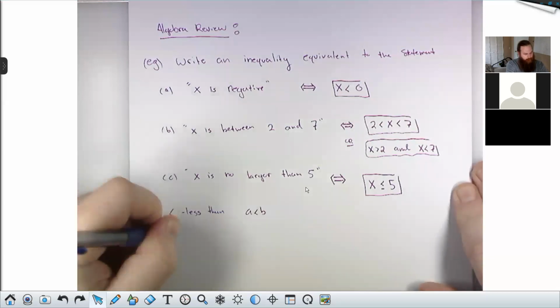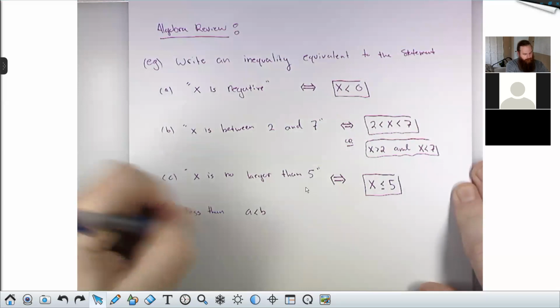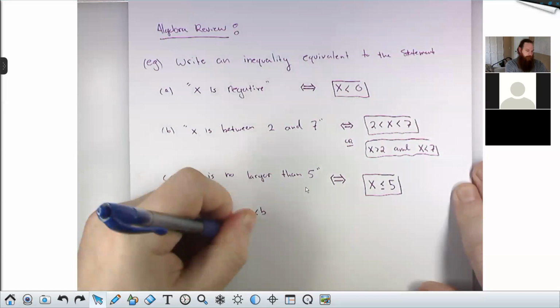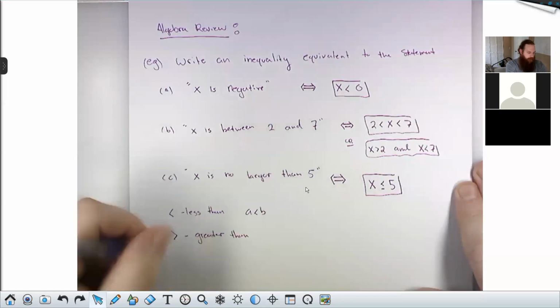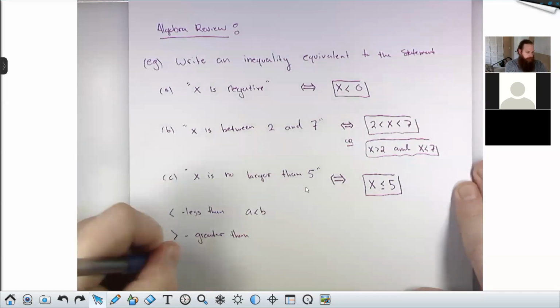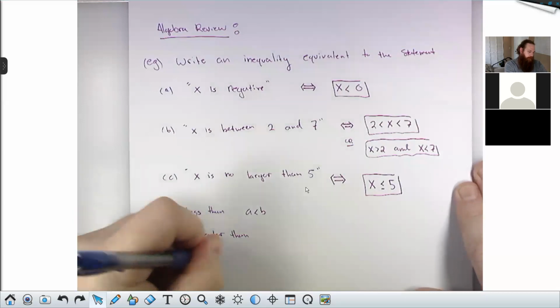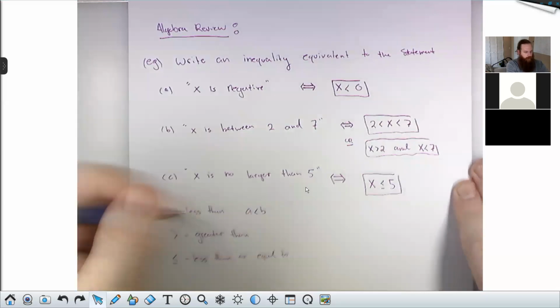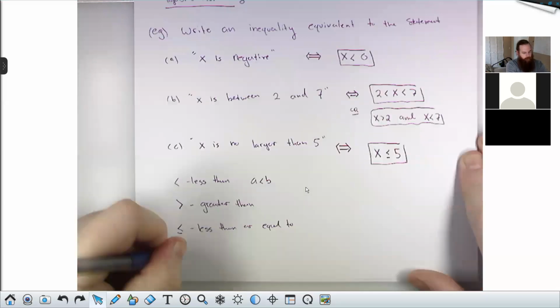This is greater than. This is less than or equal to. And this is greater than or equal to.